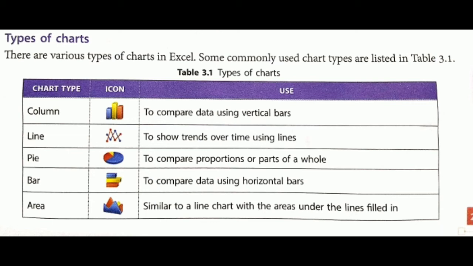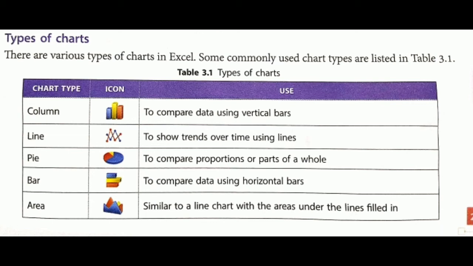The second one is line. It is used to show trends over time using lines. Third one is pie. It is used for comparing proportions or parts of a whole. Fourth one is bar. It is used to compare data using horizontal bars. And last one is area. It is similar to a line chart with the areas under the lines filled in.